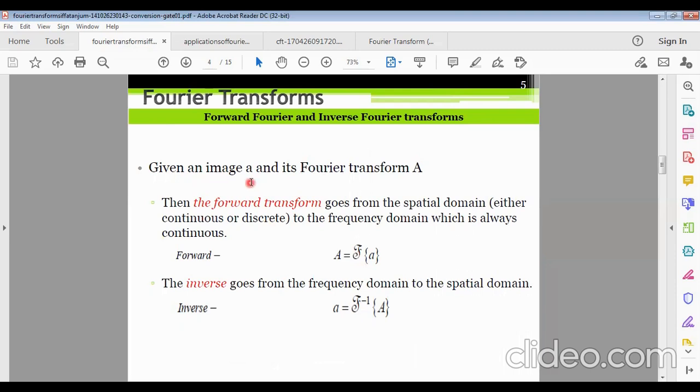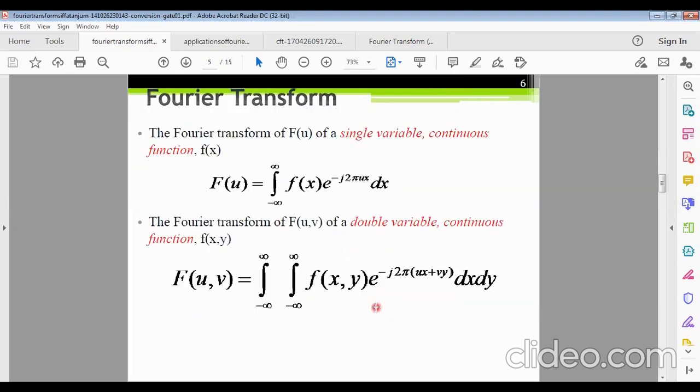Given an image and its Fourier transform, the forward transform goes from the spatial domain, either continuous or discrete, to the frequency domain, which is always continuous. We have to remember that we also use it for continuous. The forward transform is written like this, and the inverse can be written like this.